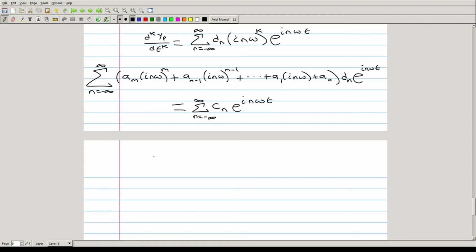If you think about what this left-hand side is for a second, it is just the characteristic polynomial Pm of I times n times omega times dn times e to the I n omega t, and this has to be equal to this infinite sum right here.